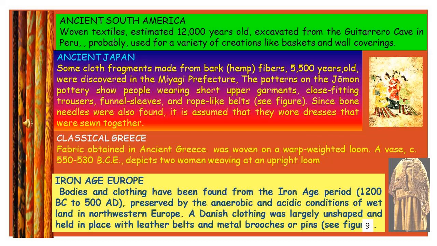Bodies and clothing have been found from the Iron Age period, that is 1200 BC to 500 AD, preserved by the anaerobic and acidic conditions of wetlands in northwestern Europe. Danish clothing was largely unshaped and held in place with leather belts and metal brooches or pins.